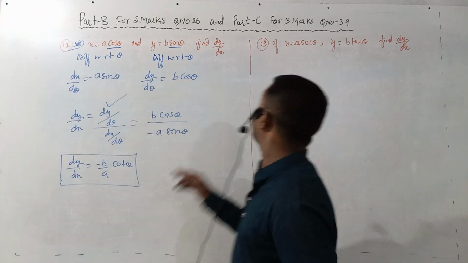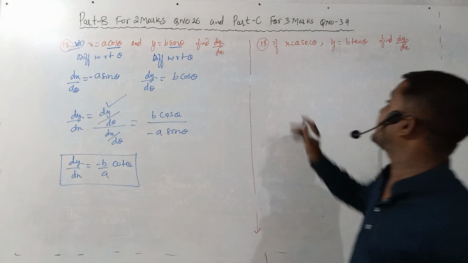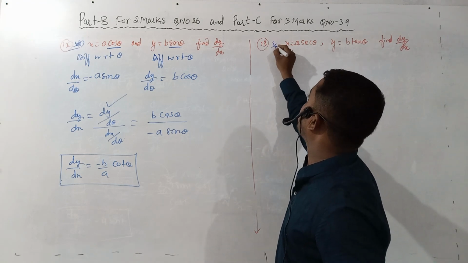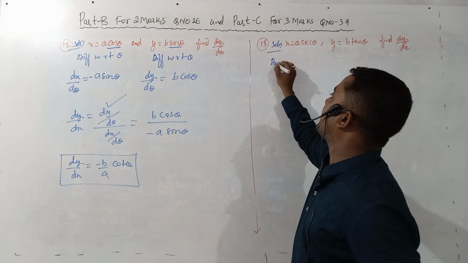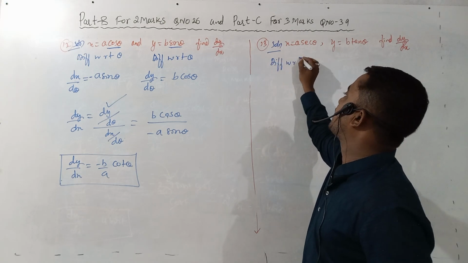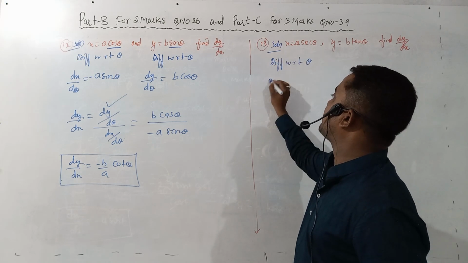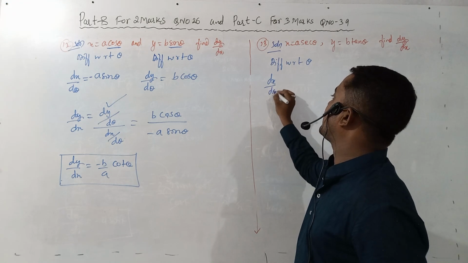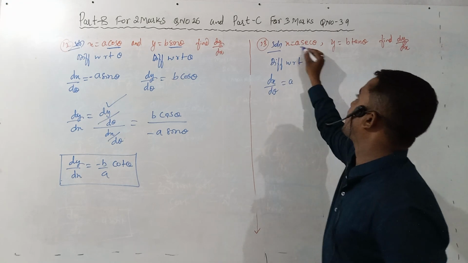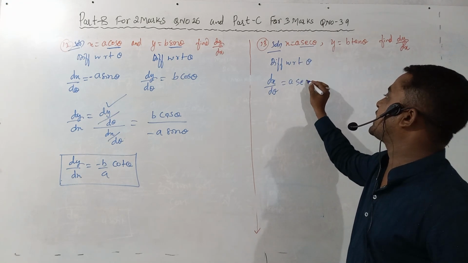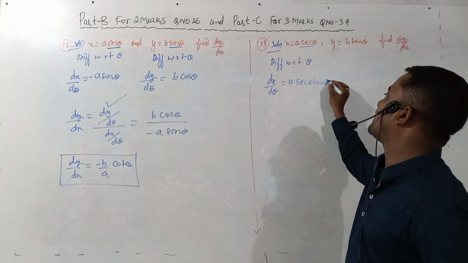See here, if x is equal to a sec theta, differentiate this one. Solution as it is. Differentiate with respect to theta. dx by d theta is equal to a as it is times the derivative of sec theta, sec theta into tan theta.